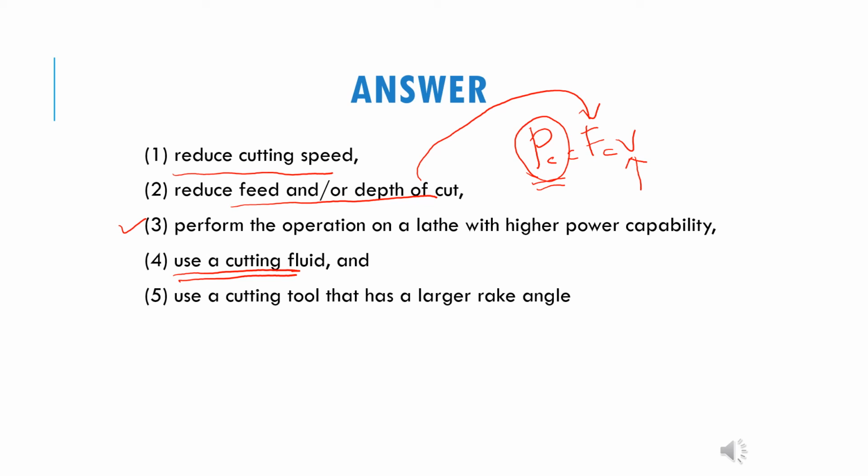Cutting fluid will make the cutting smoother, meaning it will reduce the force in the machining process, so the power can be reduced. You can also use a cutting tool that has a larger rake angle. When it is a larger rake angle, there will be less power on the cutting tool when performing the operation, and the chip comes out more easily. So that's why we use the large rake angle cutting tool.